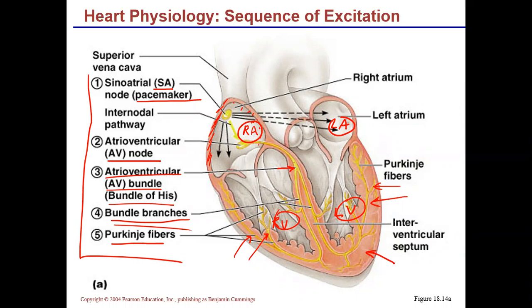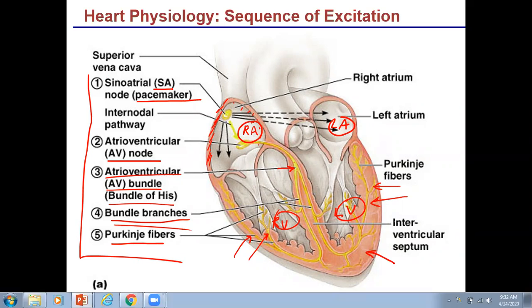Once again, first is the autorhythmic cells, which are located on the pacemaker cells or these yellow ones or AV nodes and so on. This is a location where action potential generates, and then it will go towards the ventricles, and the ventricles contract as a result of that.